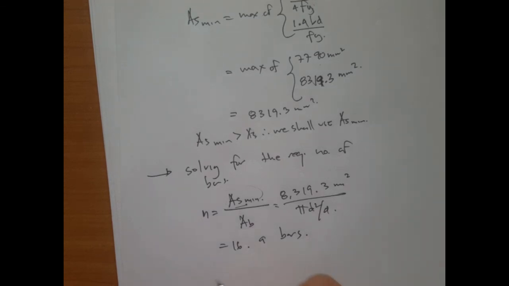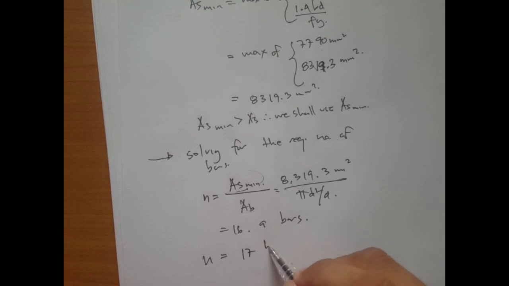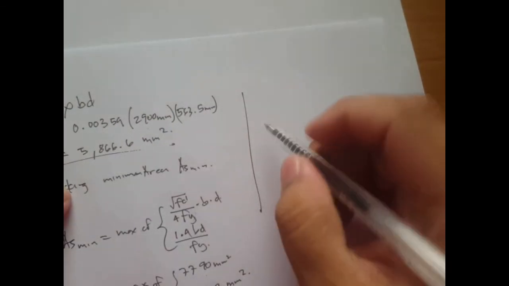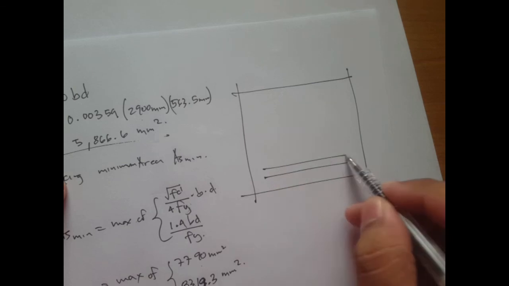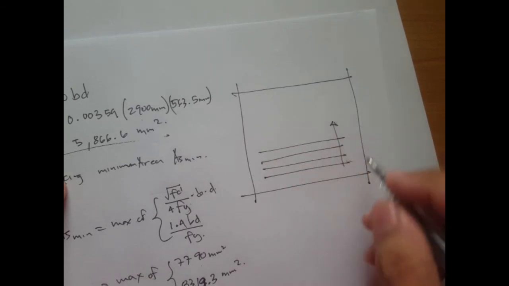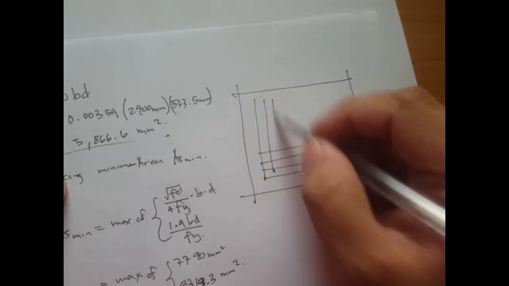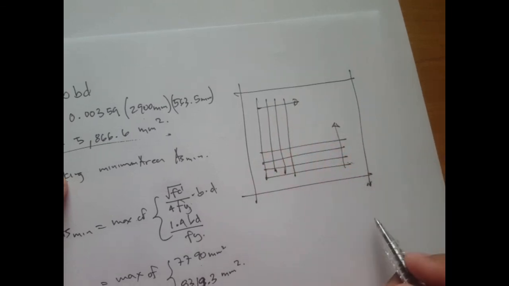Therefore we can just round it up to 17 bars. If we draw it, we have 17 bars in this direction, and also 17 bars in these directions.